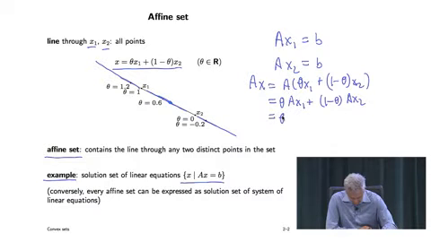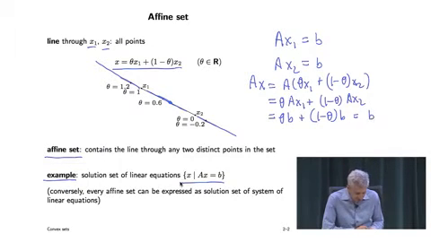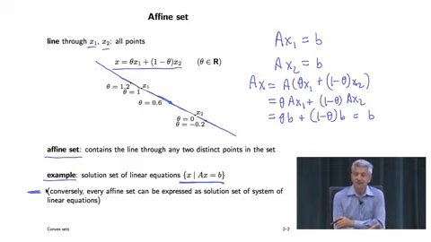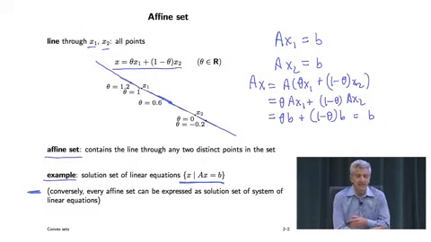And that's theta b plus 1 minus theta b, and that is b, right? So that's the verification that the solution set of a set of linear equations is an affine set. Now, it turns out the converse is also true: if you have any affine set, it can be written as the solution set of a set of linear equations.